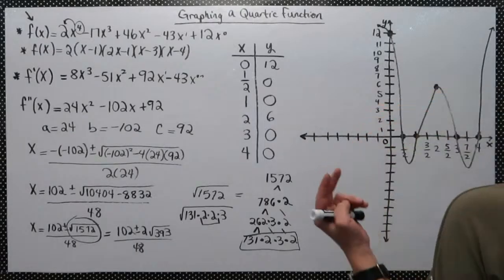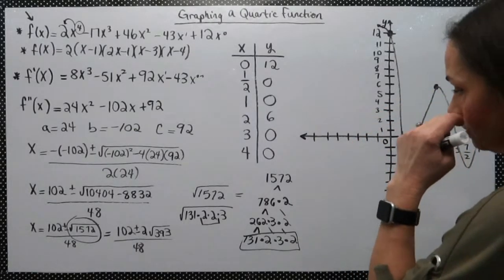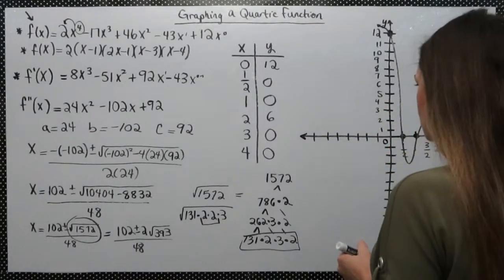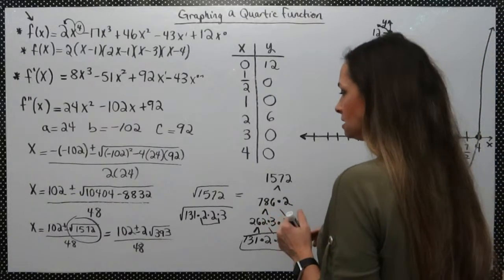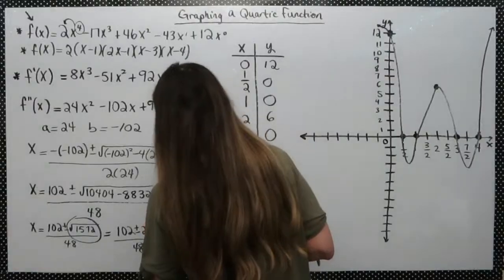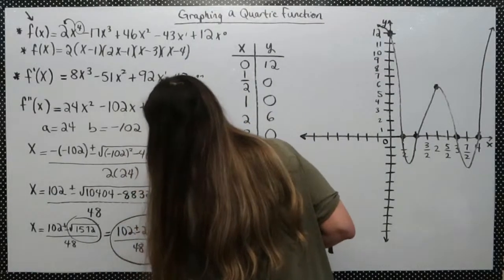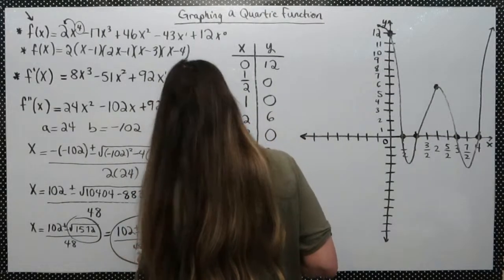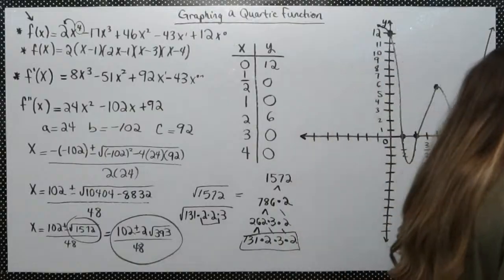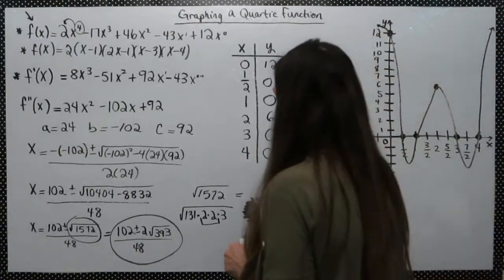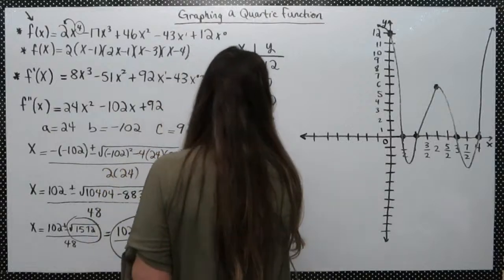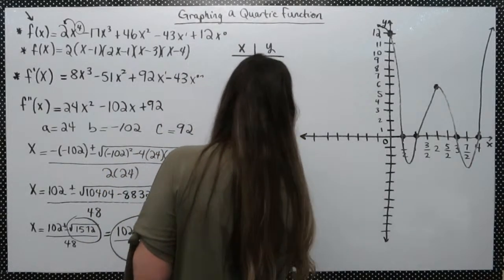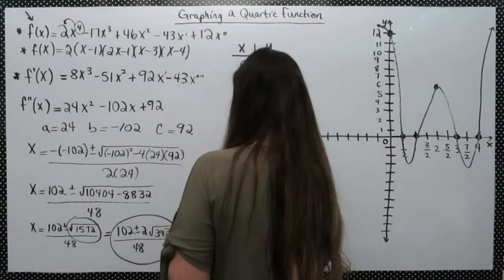So we have two values. We have 102 plus 2 radical 393, but more importantly, these 2 points right here. We can simplify a little bit. We can just pull a 2 out.